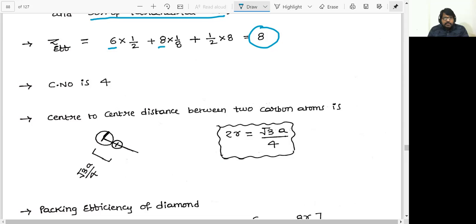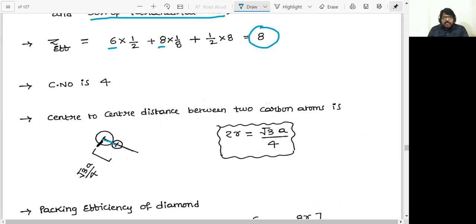So here, if you see the distance between the nuclei of these two carbon atoms, center to center distance, that is 1/4 of body diagonal. Body diagonal is root 3a. 1/4 of body diagonal, root 3a by 4.